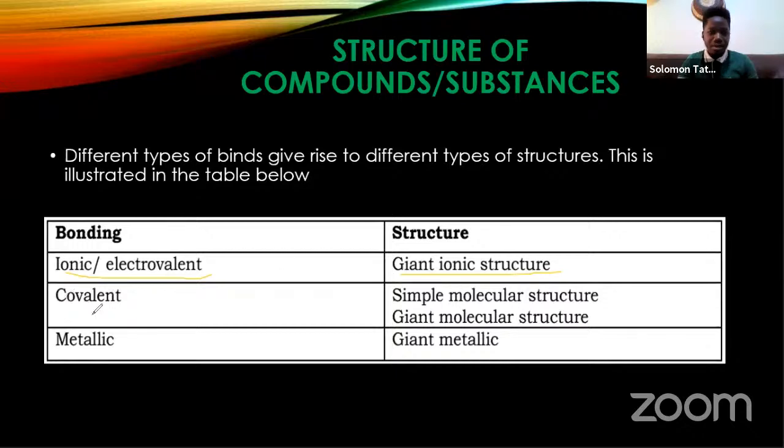In covalent bonding, we form simple molecular structures and giant molecular structures. In metallic bonding, giant metallic structures are formed. Those are the structures that we form due to bonding. We're going to look at each structure and expound on it a little bit.